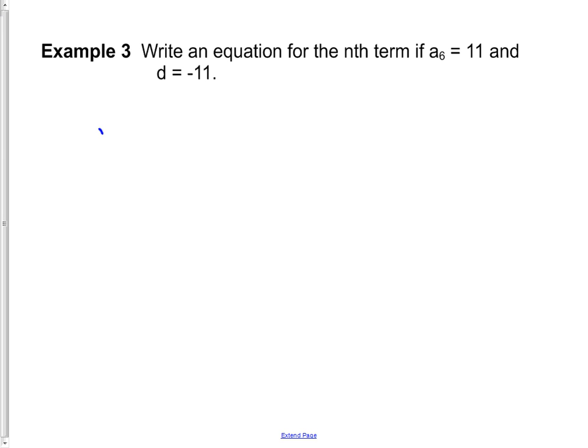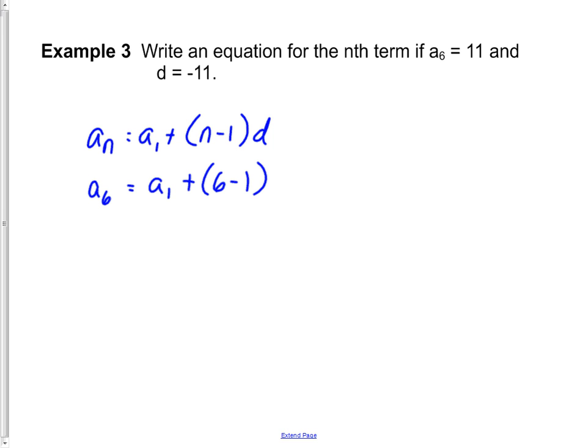Well, from my general equation here, a sub n equals a sub 1 plus n minus 1 times d, it looks like I'm missing a sub 1. So let's go through and plug in our information to see if we can come up with what a sub 1 would equal. Well, a sub 6 equals a sub 1 plus n is 6 minus 1, and they told you what d is. D is negative 11.